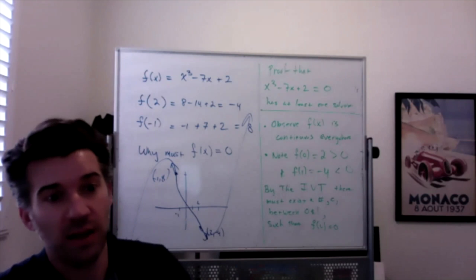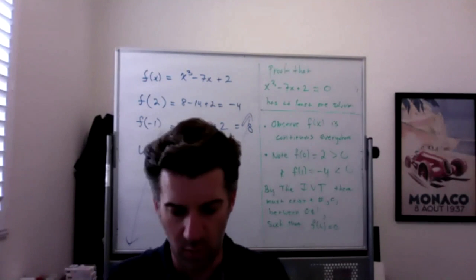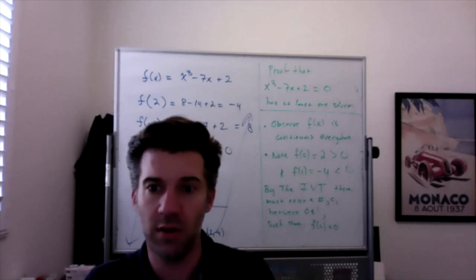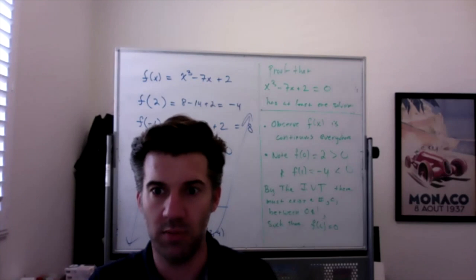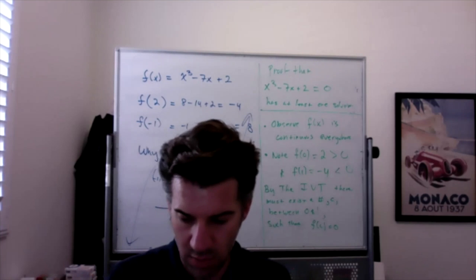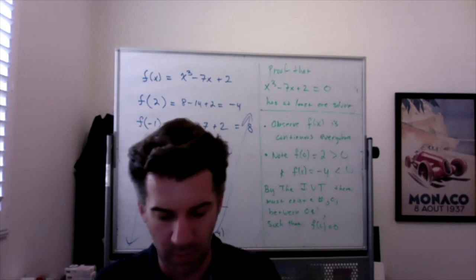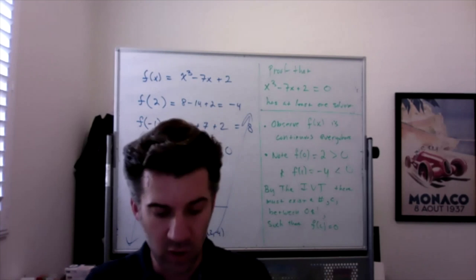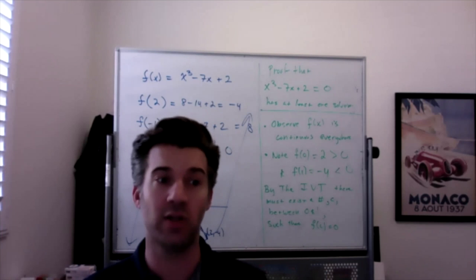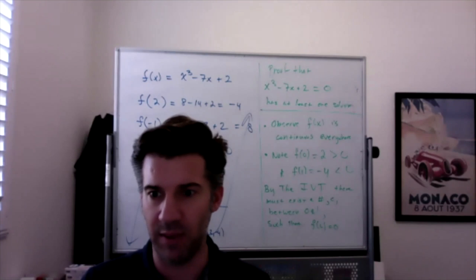So in fact, if you want, you can look at a graphing calculator, right? We could definitely look at this function on Desmos. x cubed minus 7x plus 2. And here's the problem with polynomials of degree higher than 2, unless I happen to pick something magically nice.